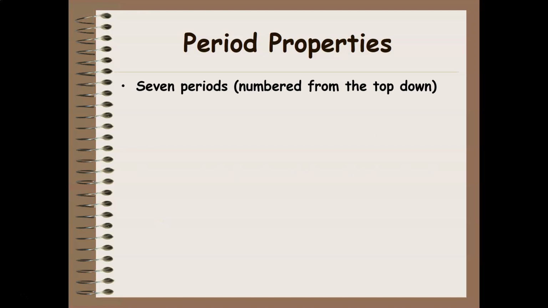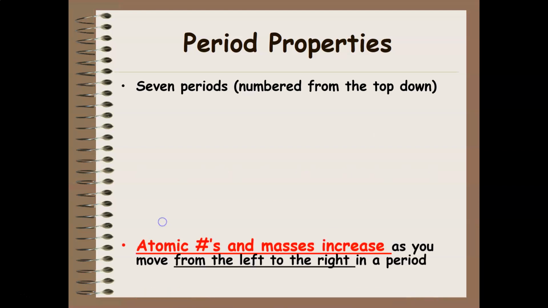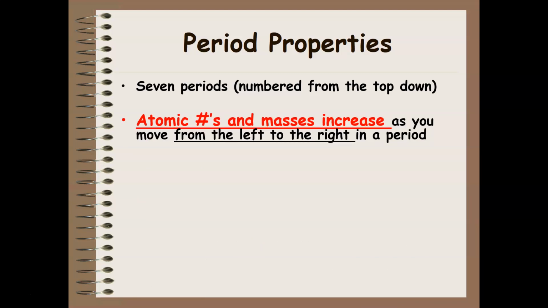Some of the properties of the periods: as you go left to right, their atomic numbers increase, and almost always their mass increases. Not perfectly, remember that's what Moseley figured out, but almost always.